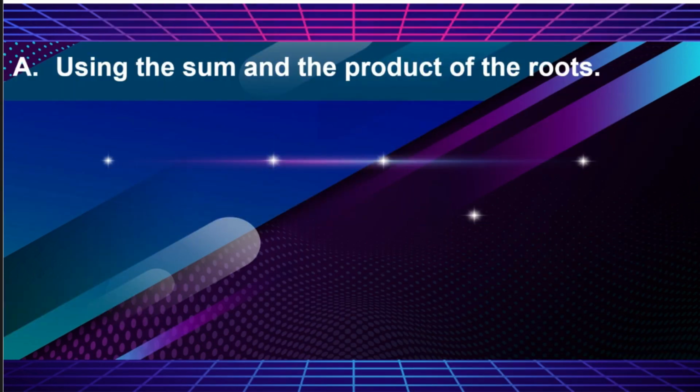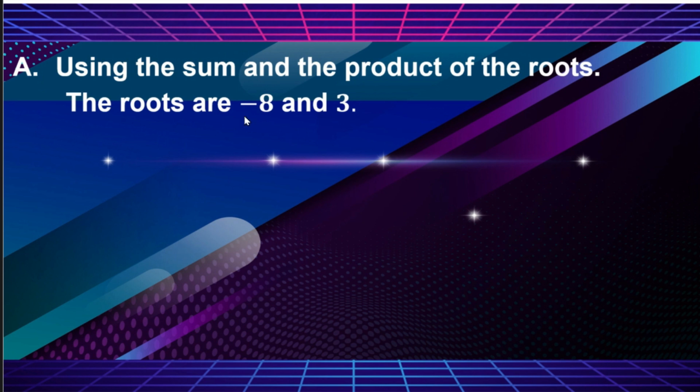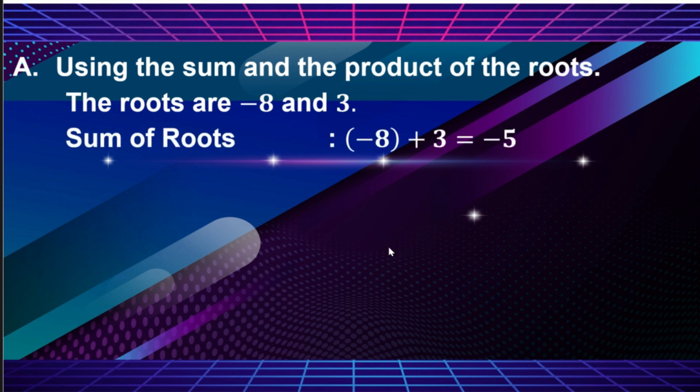Now, let us first learn using the sum and the product of the roots. It is stated there already that the given roots are -8 and 3. So now let us try to add the two roots, -8 plus 3. According to the law of addition and subtraction of integers, if the signs of the two terms are different, then we are going to subtract.